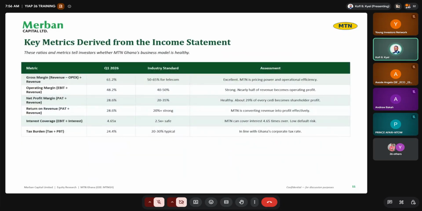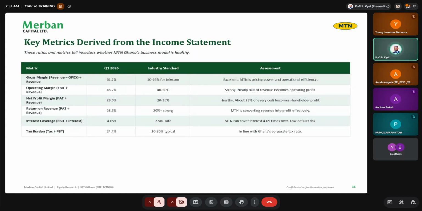Now we will look at some of the metrics that we use in the income statement analysis. We can see the gross margin, that is revenue minus operating expenses divided by revenue. The standard industry rate is between 50 to 65%.